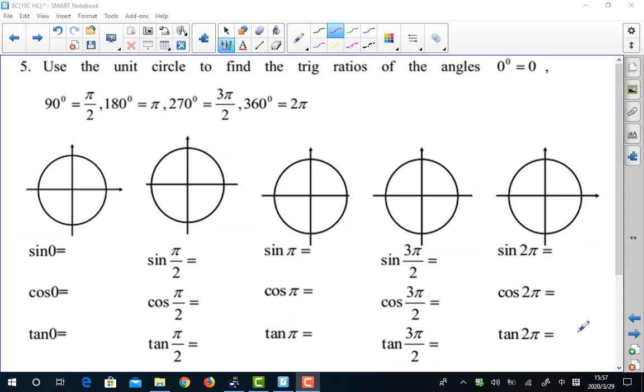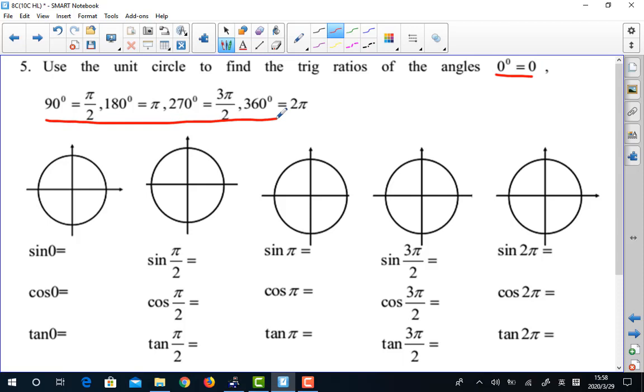We practiced how to use the general definition of trig ratios to find the trig ratios in section 4. In section 5, we need to look at how to apply the unit circle definition to find the trig ratios of those angles: 0 radian, pi over 2 radians, pi radians, 3 pi over 2 radians, and 2 pi radians. The unit circle definition is a very good method to derive the trig ratios of those angles. Those angles are a little bit different from the angles in section 4.